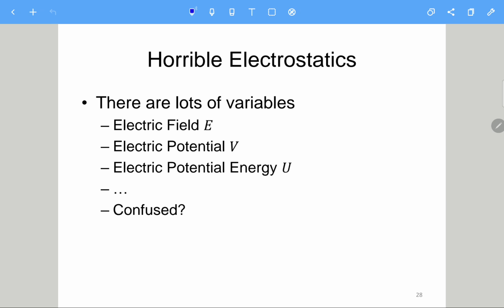So up till now, we have learned E, V, and U, and also F, which are in chapter 21, chapter 22, chapter 23, and chapter 24. Actually, this is also in chapter 24. So in electrostatics, we come up with 4 most important variables.